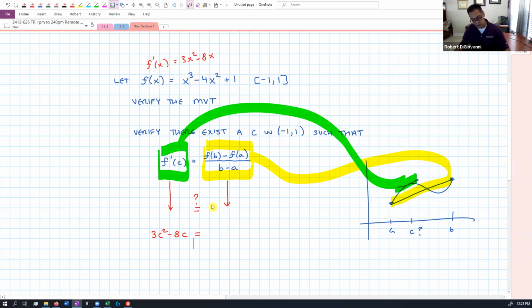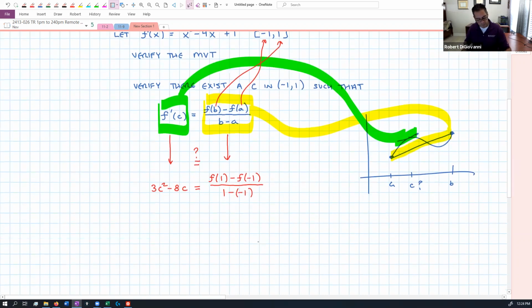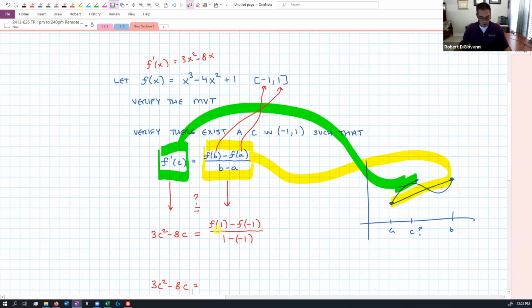That must equal, now this side, I know what b is. b is the right endpoint, a is the left endpoint. So I want f of, let's see, b is 1, so f of 1 minus f of a, which is -1, over b, which is 1 minus -1. Careful, that's a double negative there. So we need to know when 3c squared minus 8c is equal to, all right, we've got to plug 1 into this original function.